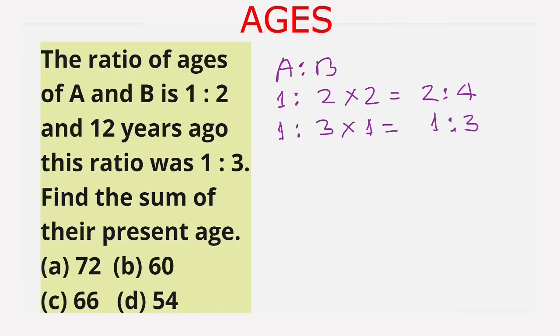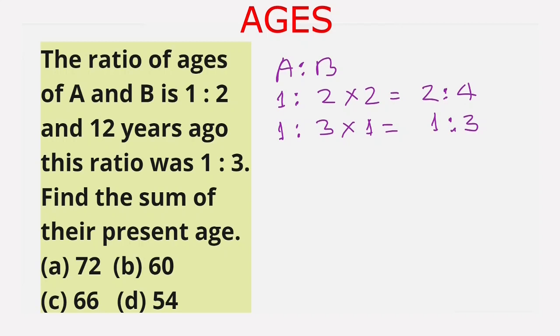So this is 1:3. Now the difference between 2 and 1, that is the first element of the first ratio and the first element of the second ratio, is 1, and the second element of the first ratio and the second element of the second ratio, that is 4 and 3, is also 1.